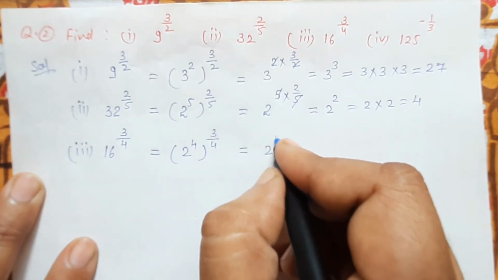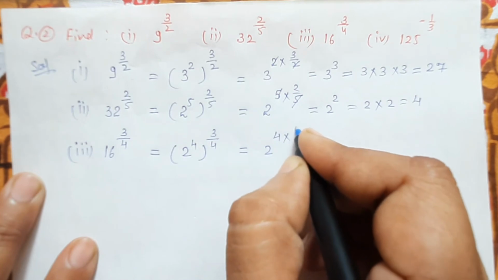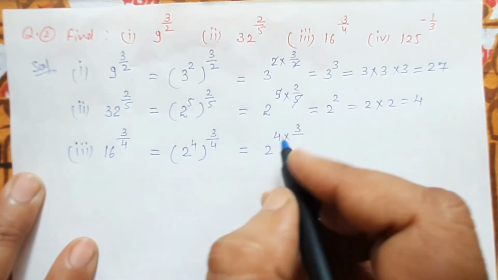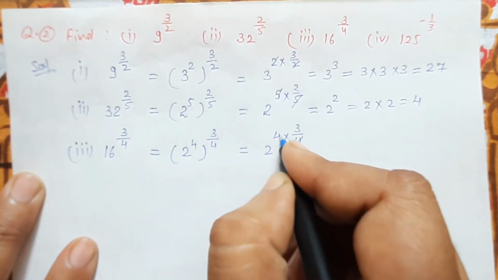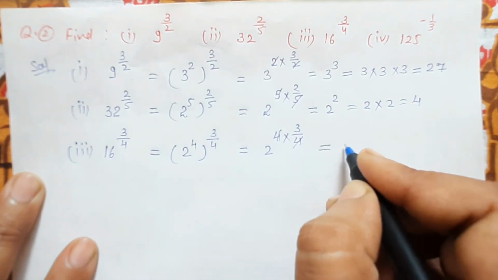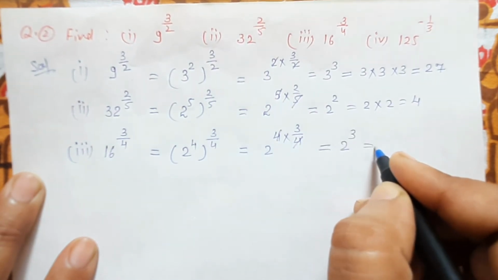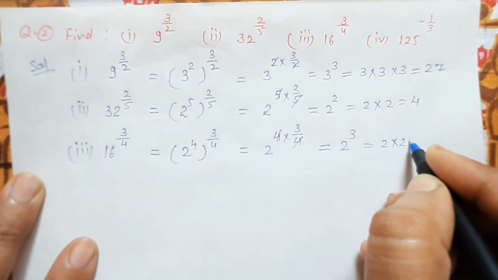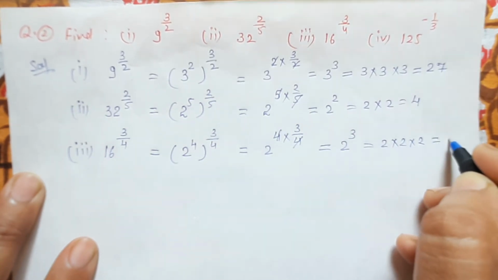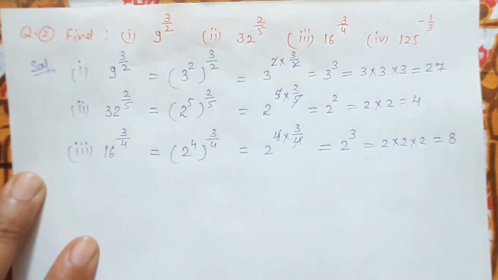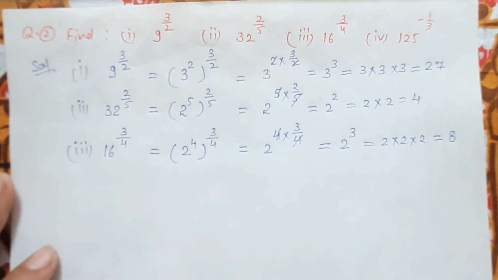So in this also we'll apply the law of exponent. Powers will be multiplied. 4 and 4 cancel. 2 raised to power 3, that is 2 into 2 into 2. The final answer is 8. Now fourth.